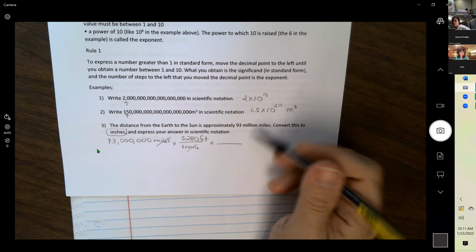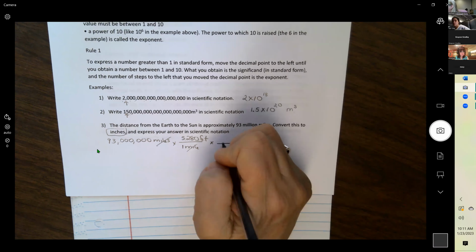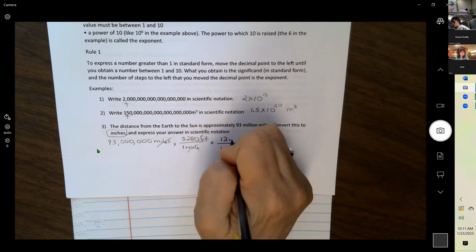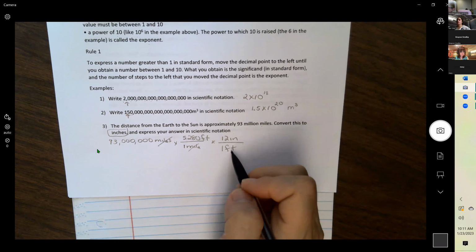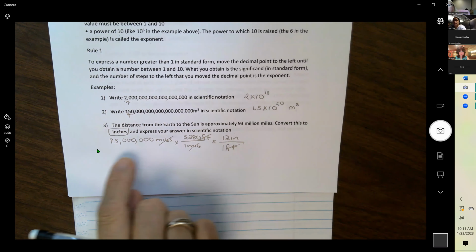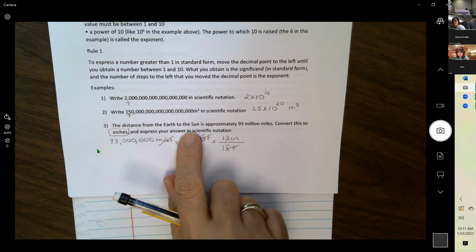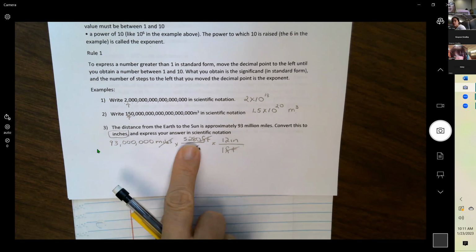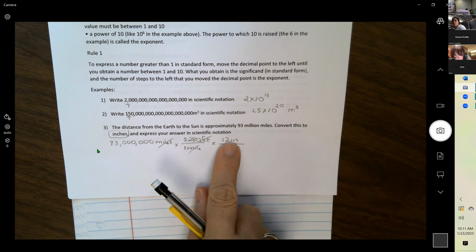Bottom. That way they will cancel. So by putting this on the bottom, the feet cancel and I'm left with inches. It also lets you see that you want to multiply across the top, which means I'm multiplying by the 5,280 and multiplying by the 12 instead of dividing.